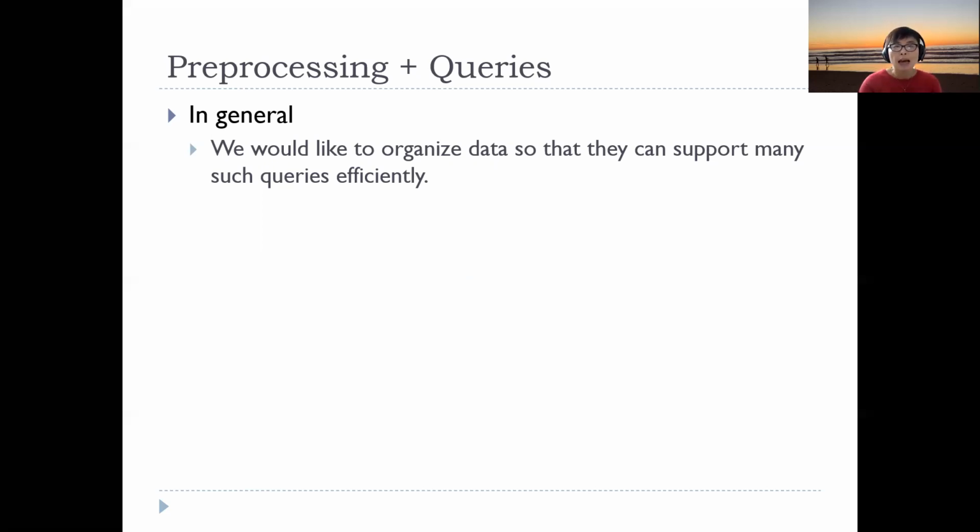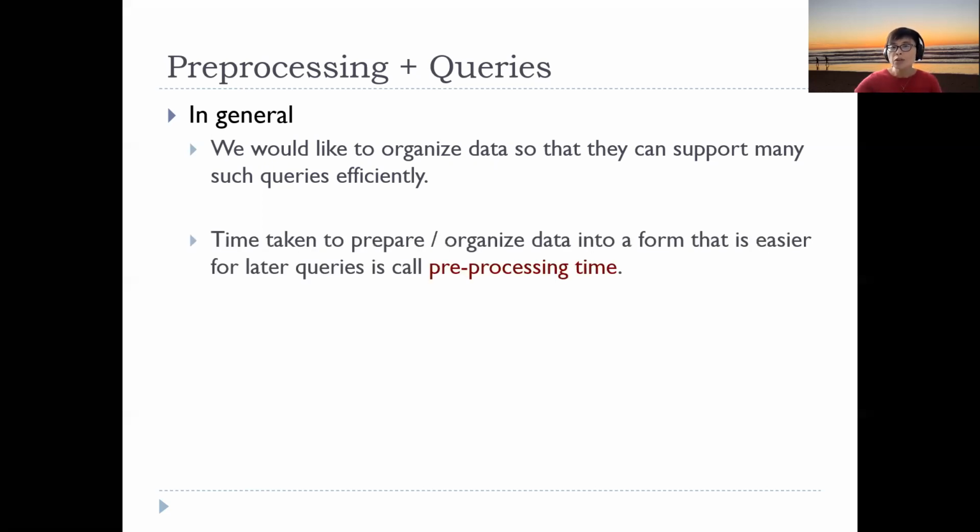Of course, if we're going to do that, then we have an extra step. You're given all this data, all the students' information, and you want to first put them in a database and organize them in a form that's easier for later queries. But the time it takes to prepare and organize them in this specific form is called the pre-processing time, because this is time you have to spend beforehand. So there's an extra cost, the pre-processing time.